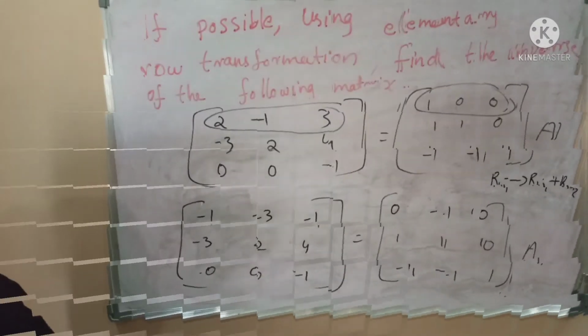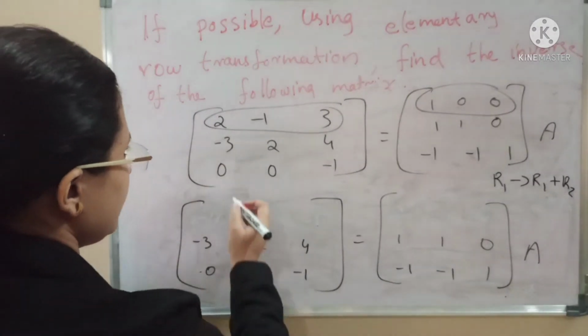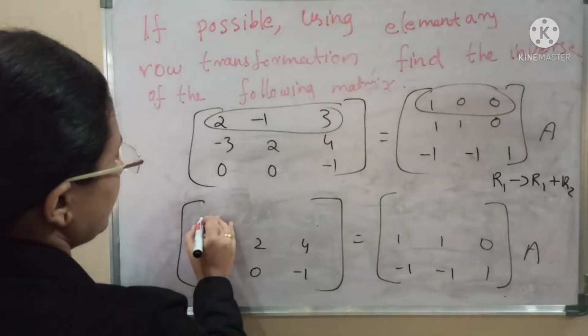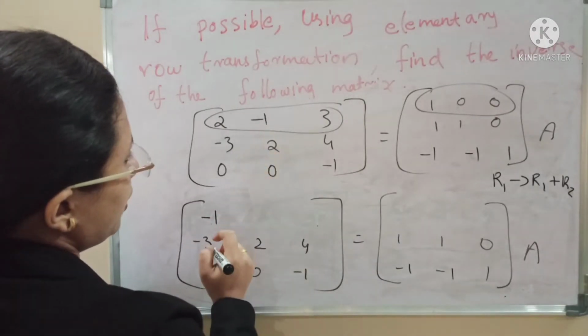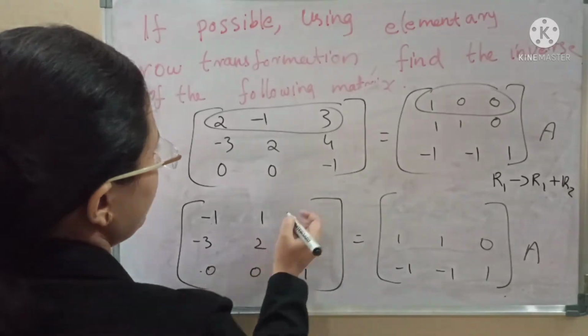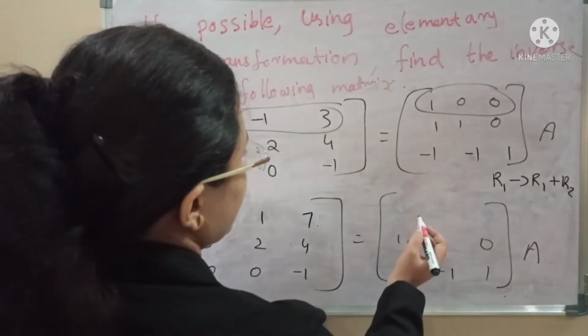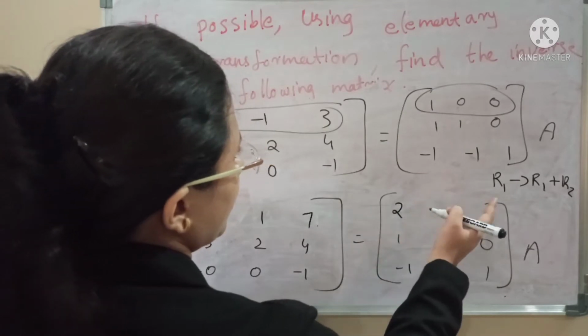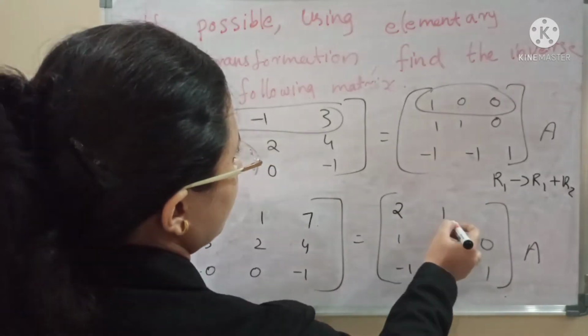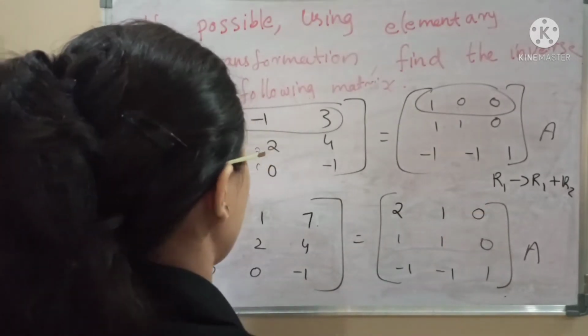When we add these two, 2 plus minus 3, minus 1, minus 1 plus 2, 1, 3 plus 4, 7, 1 plus 1, 2, 0 plus 1, 1, 0 plus 0, 0.